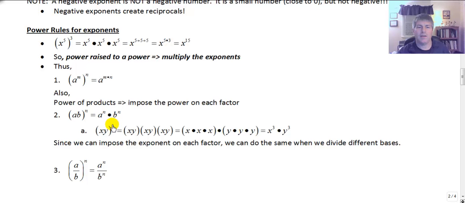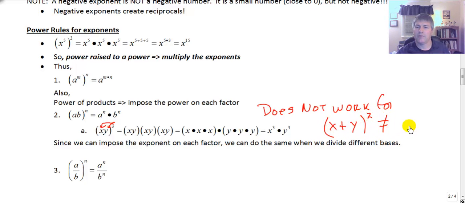So as you can see, if we are multiplying, and it only works for multiplication, we can go ahead and impose that 3 on each one of those, or we can impose the n, or the exponent, on each one of those factors. This does not work for addition and subtraction. Okay? Just be aware that it does not work for x plus y squared does not equal x squared plus y squared.